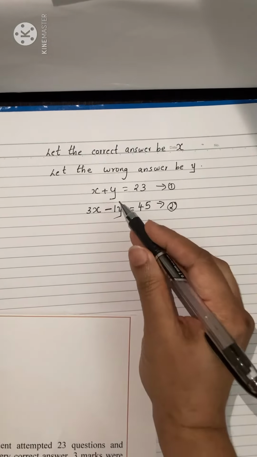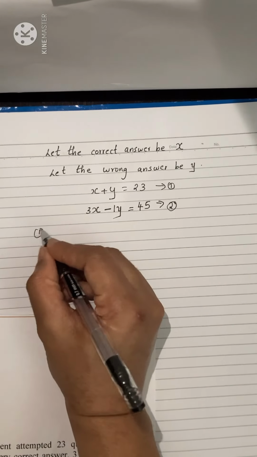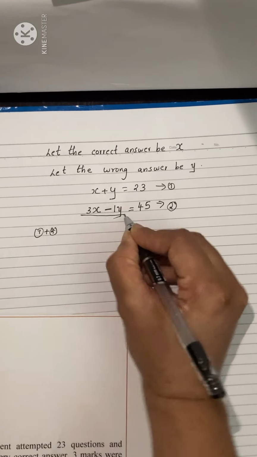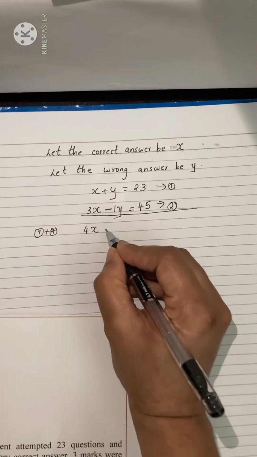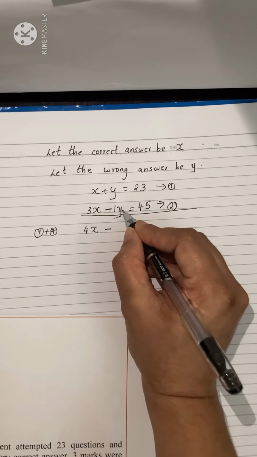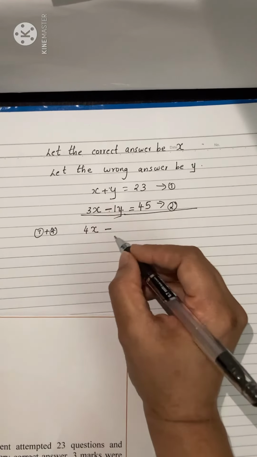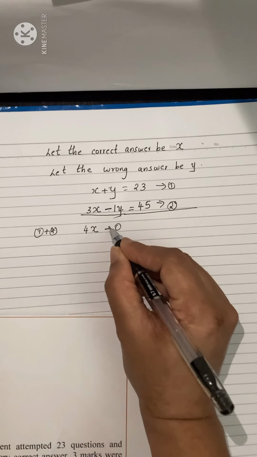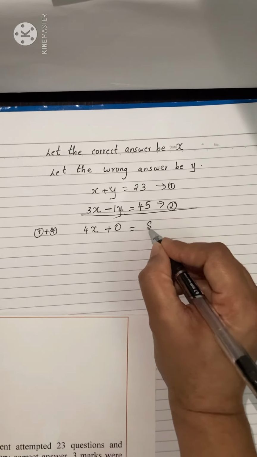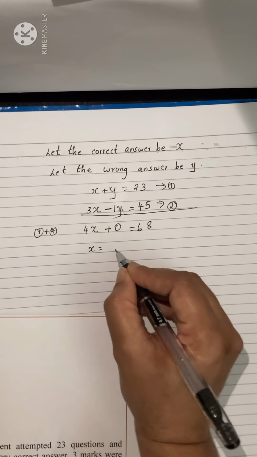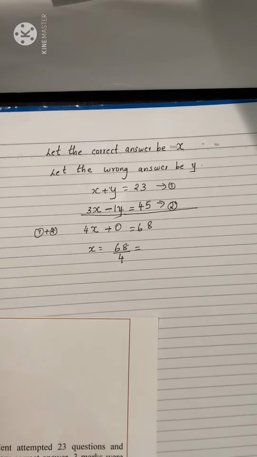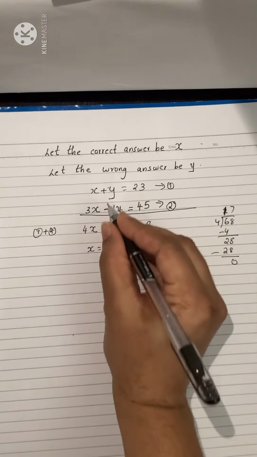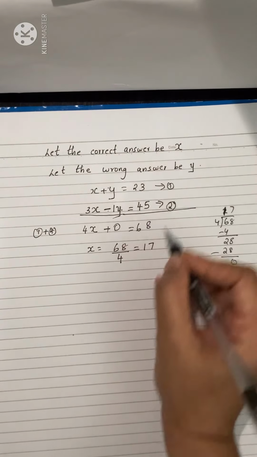Now, if we solve this by adding 1 and 2, then it will come like this: 4x, and minus 1 into y is minus y, so plus y minus y will become 0, equals 68. So x equals 68 divided by 4, which is equal to 17. So we get the number of correct answers is 17.